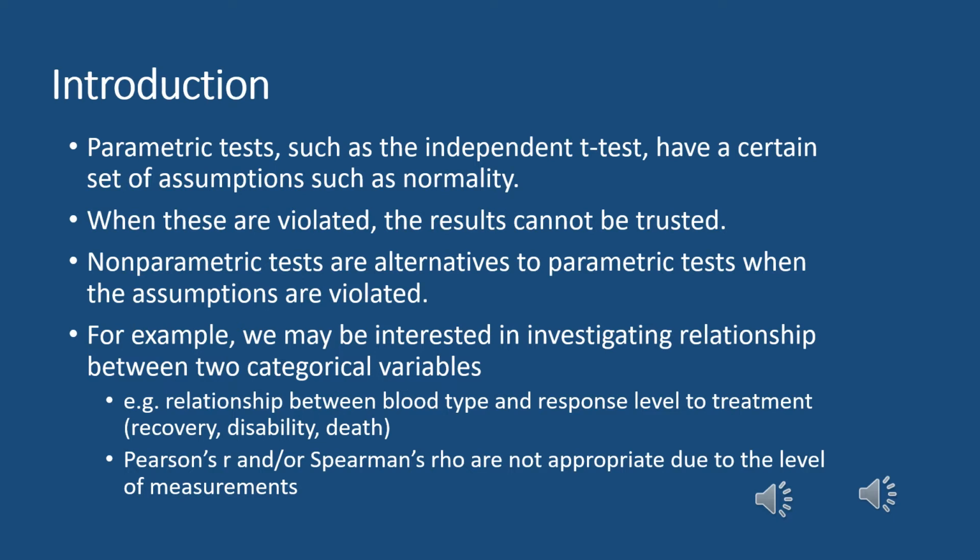One may be blood type and the other would be response level to treatment, such as recovery, disability, or death. Pearson's R and Spearman's Rho are not appropriate due to the level of measurement, and so we would want to be able to find a non-parametric test that we could use to study this data.